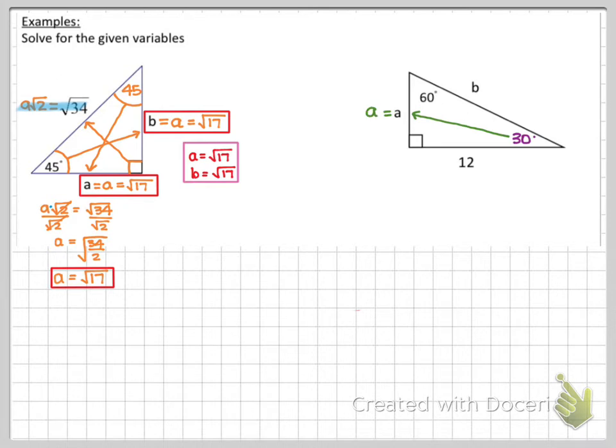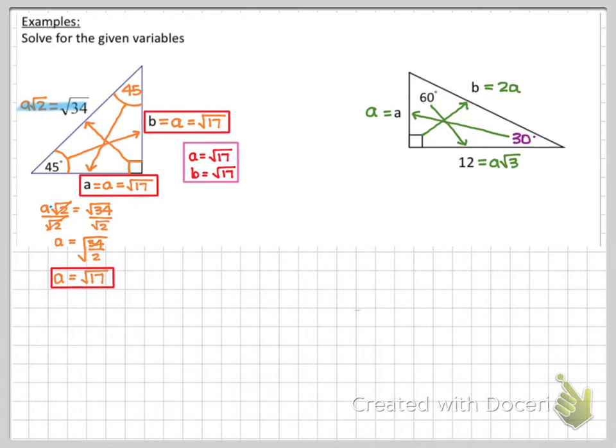I know opposite the 60-degree angle is the medium side, which is equal to a root 3. And then starting at the box, going to the opposite side, I know that that is 2a, straight from the pattern.